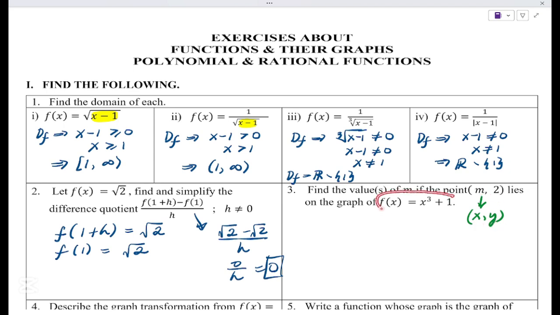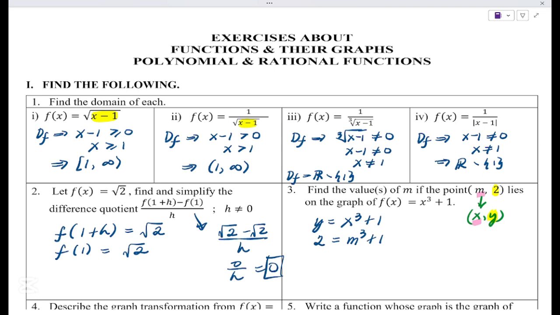So if we put that point in this function, y equals x cubed plus 1, and we know that y is equal to 2, we can substitute 2 for y, and then substitute the x value by m, so m cubed plus 1. So we will get this equation from that.